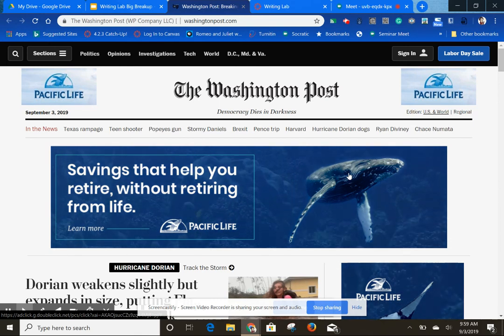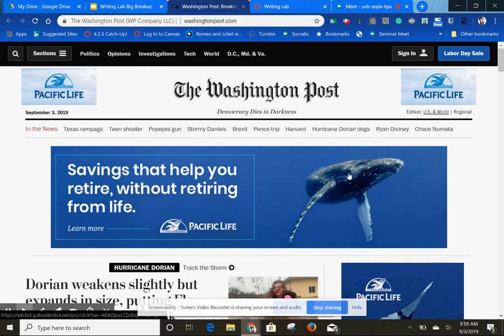The inference here is being that, what would darkness mean? Particularly in light of the fact that this is a newspaper publication.